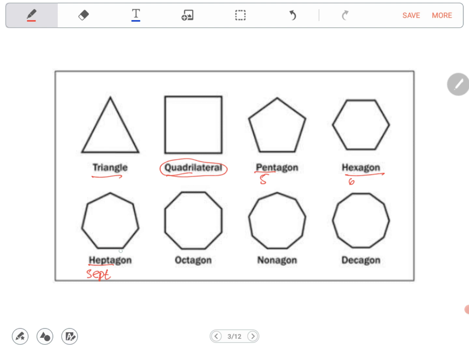And we have an octagon, where oct means eight, so an eight-sided shape. And nano means 9, and deca means 10. You get the picture.